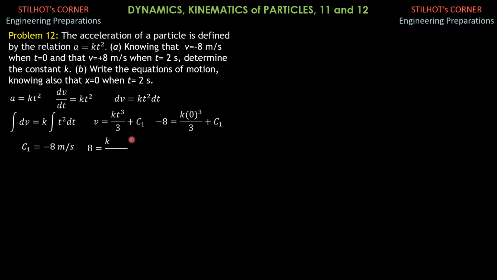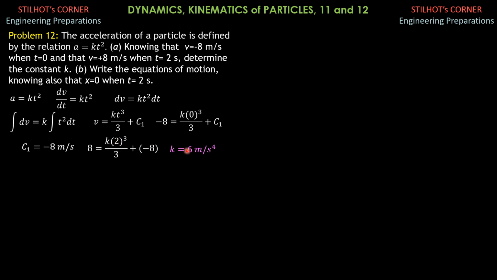So 8 equals k times 2 cubed over 3 plus c sub 1, which is negative 8. So 8 plus 8 is 16 times 3, 48. 48 divided by 2 cubed, which is 8. So k is 6 meters per second to the fourth.